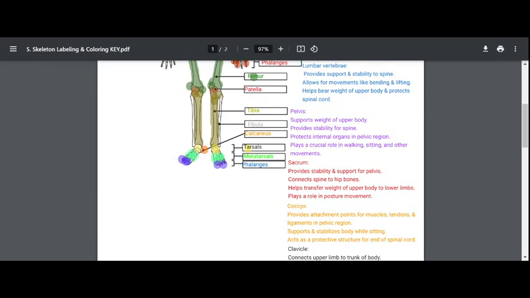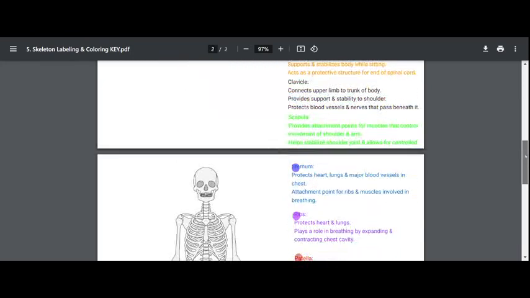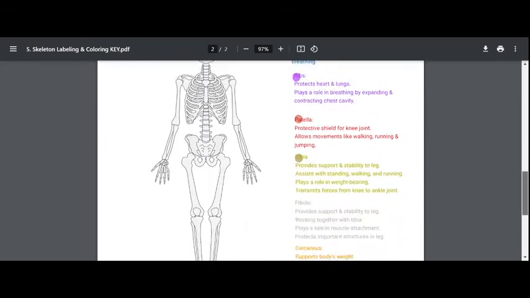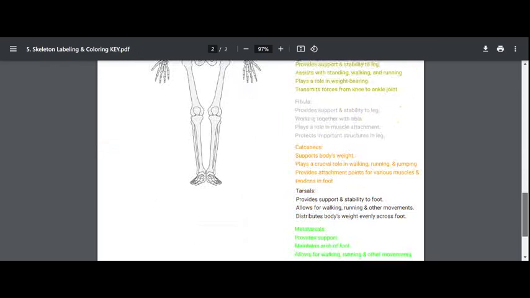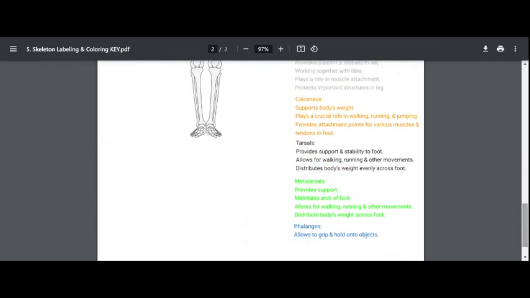Okay, up next, we have the metatarsals in neon green. Okay, so again, these right here are the metatarsals. So the metatarsals provide support, maintains arch of foot, allows for walking, running, and other movements, distributes body's weight across foot.